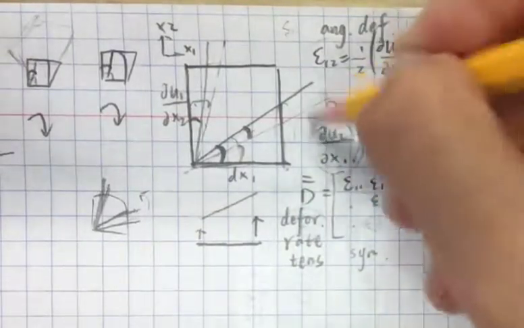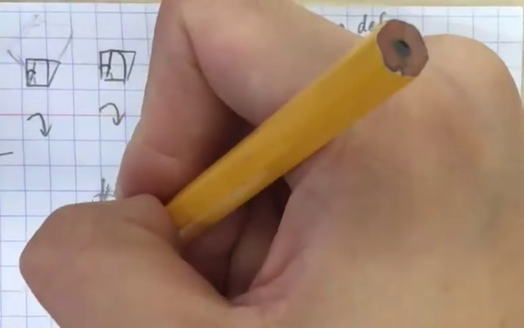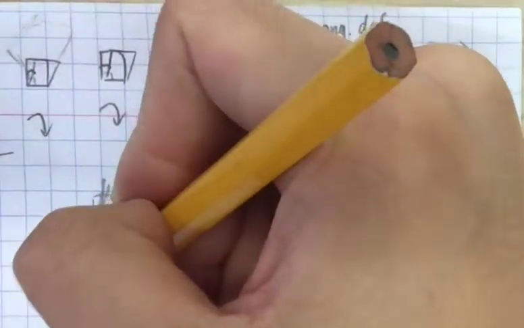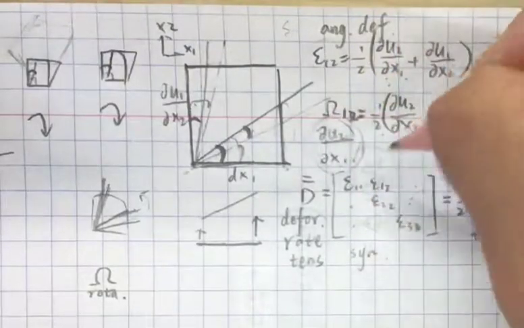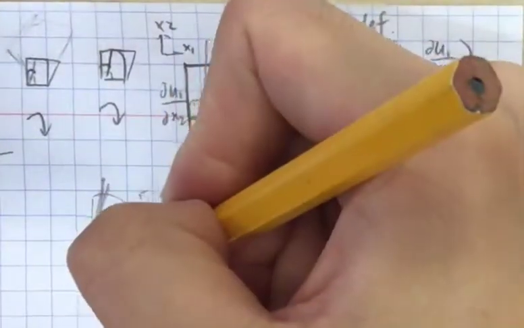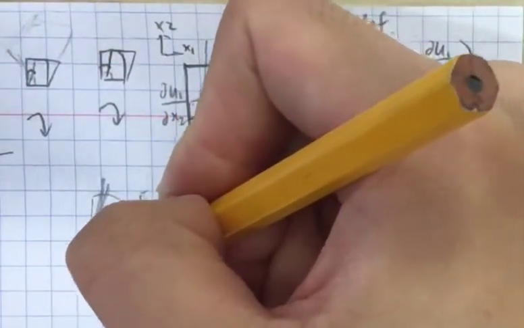Now let's talk about the rotation. We can also pick them all out to form a tensor. So the rotation tensor, we'll call it omega.